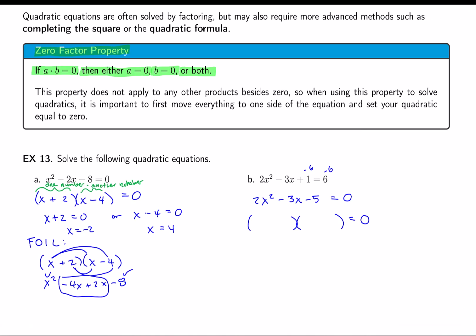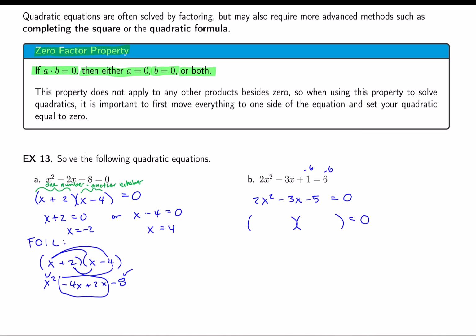I've seen methods using a box method where you put everything off to the side and try to do everything inside of a box. I've seen methods of splitting up the middle term into two individual values so that you can use factor by grouping. There's lots of different ways. But I honestly think the easiest and simplest is just the guess and check method.